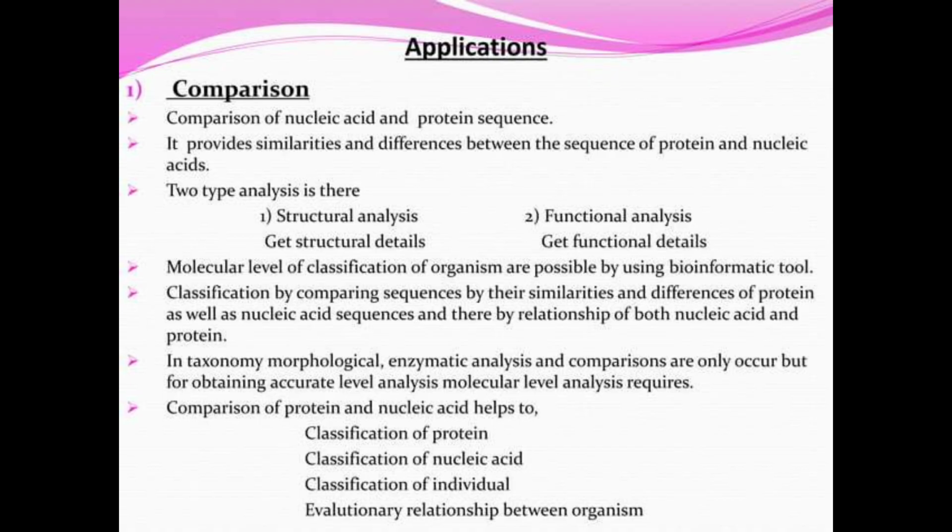In taxonomy, morphological and enzymatic comparisons occur only where accurate analysis is needed. To compare protein and nucleic acid, we require the classification of protein, classification of nucleic acid, classification of individuals, and the evolutionary relationship between the organisms.